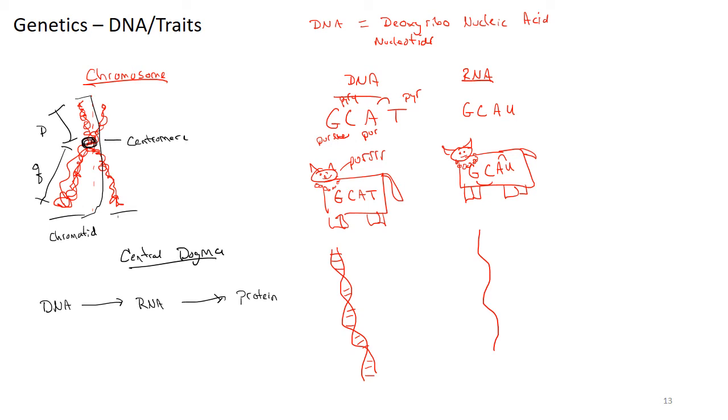So whenever we have DNA and we're trying to make more DNA, what do we call that? Replication. Good call. When we turn DNA into RNA, there's a word for that too. What do we call that? Transcription.